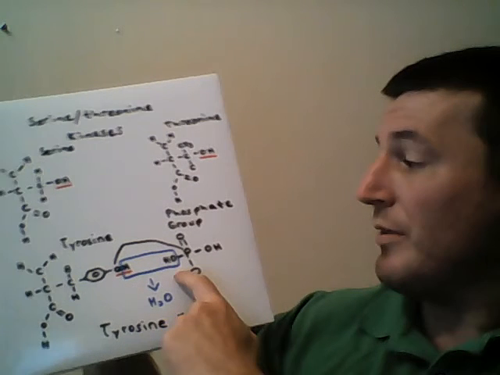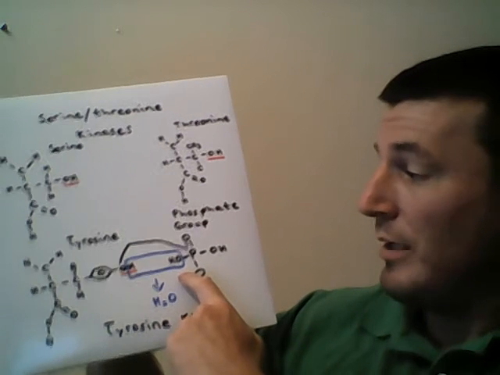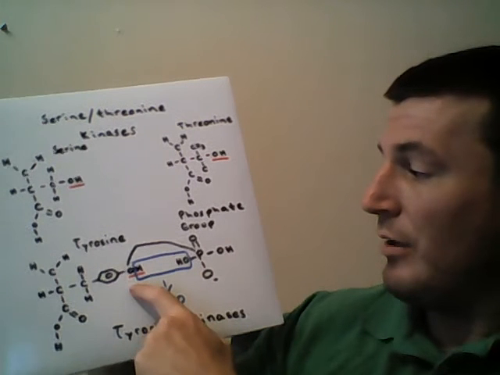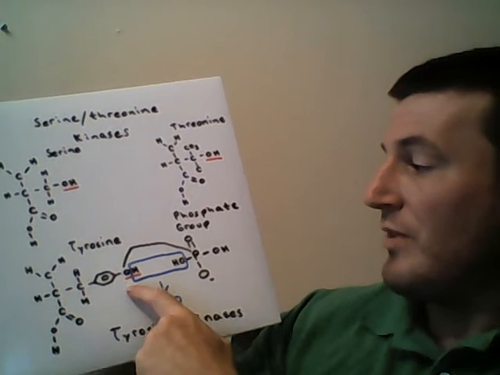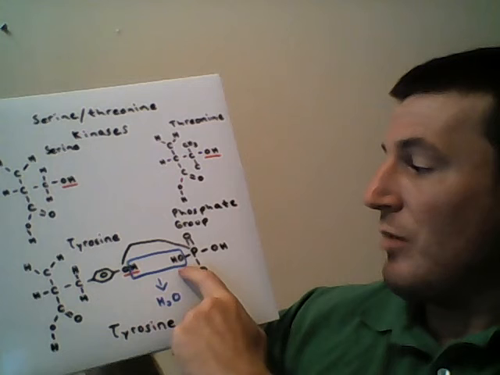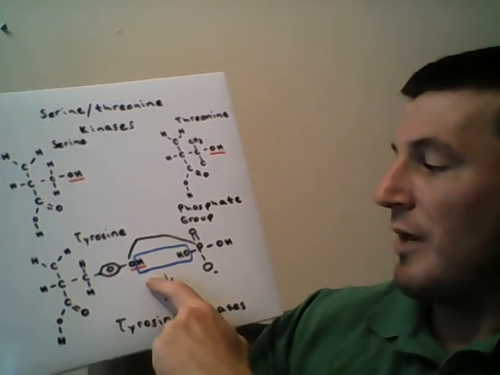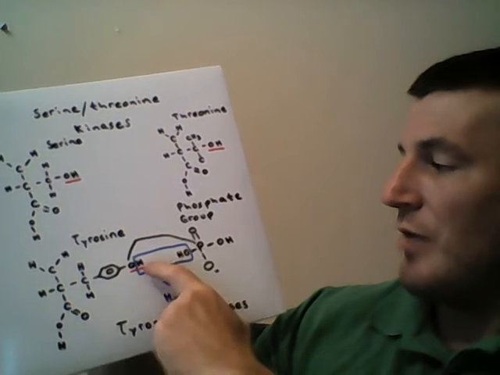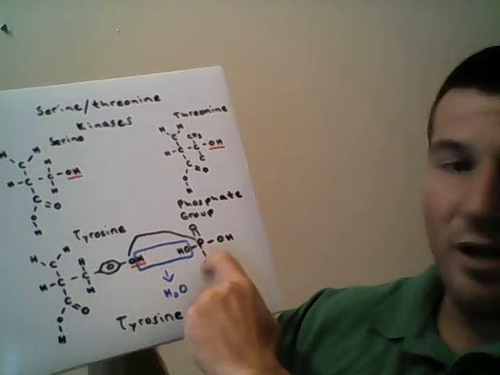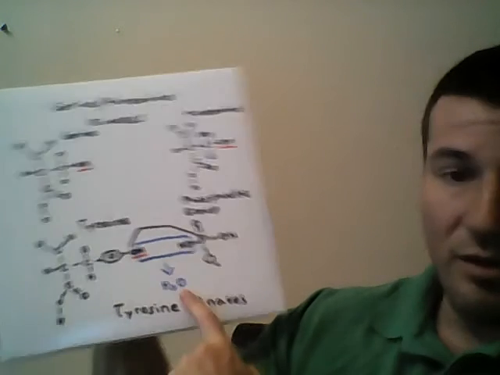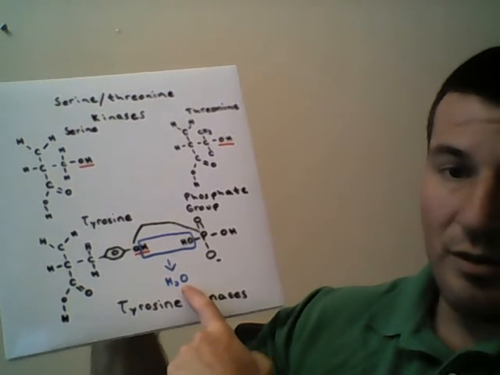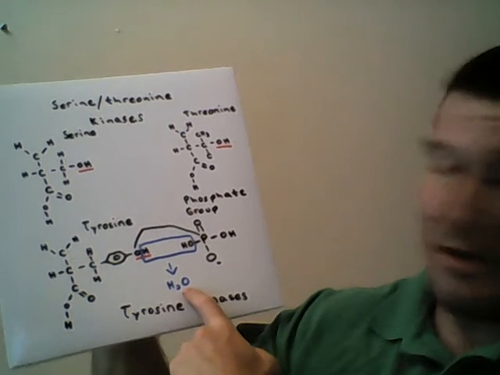Now here, there's the alcohol group here and the alcohol group here, and these two alcohol groups will perform a condensation reaction. So the hydrogen and one oxygen come down here to water. So it's a condensation reaction right there.